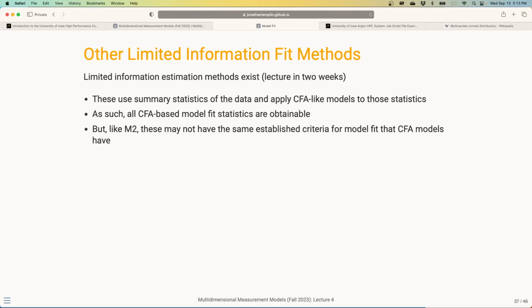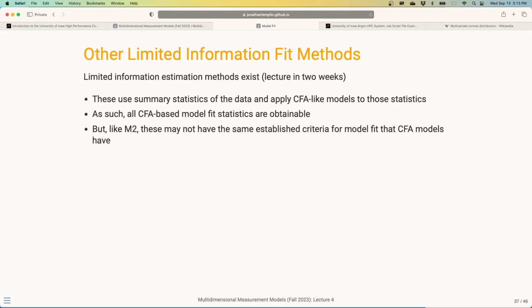Turns out there are limited information estimation methods. M+ defaults to them. Lavaan only uses them. So if you used either of those, their output will look very similar in terms of all the fit statistics that you had. And I think one of you, maybe Cass it was, talked about that. Same thing. So there are cases where you can see very similar output, but those aren't M2 statistics.